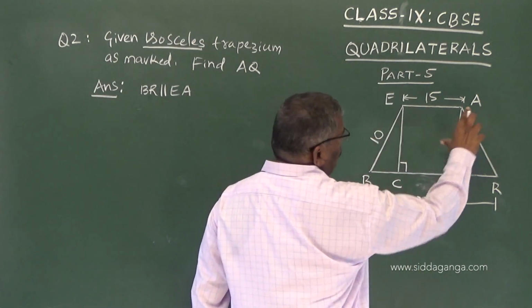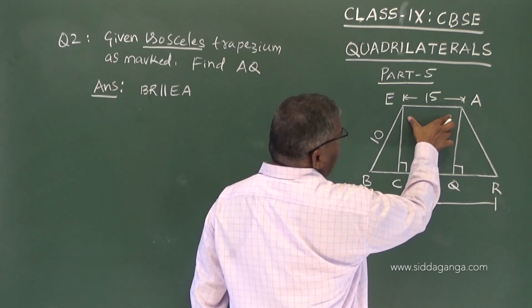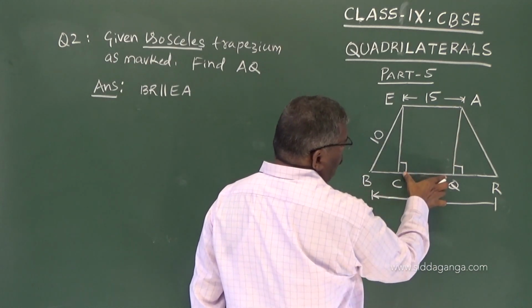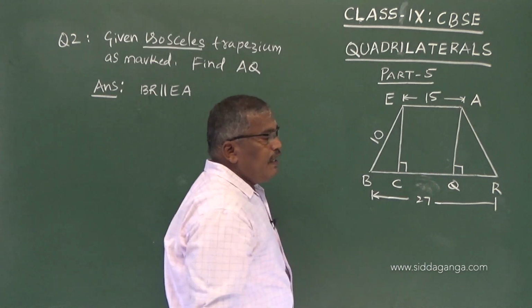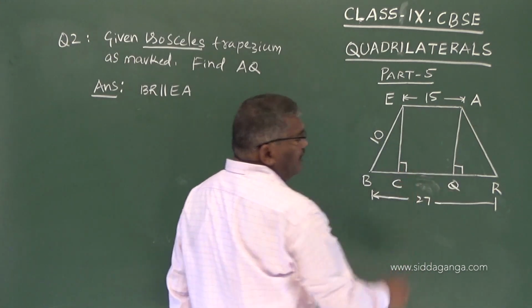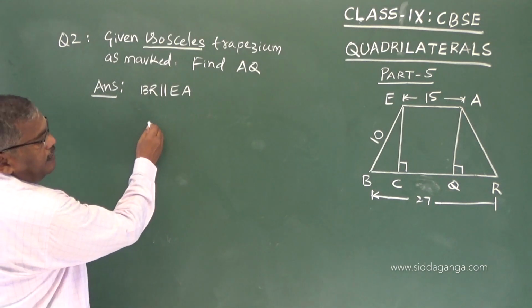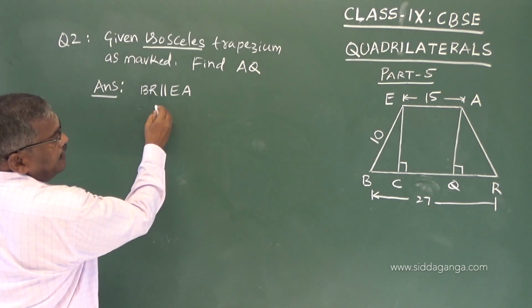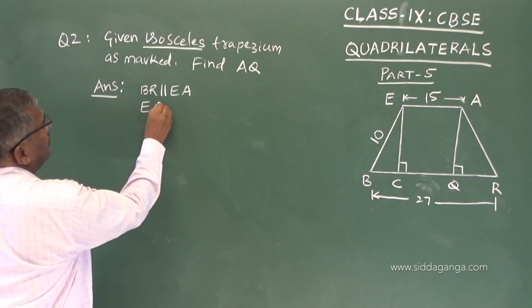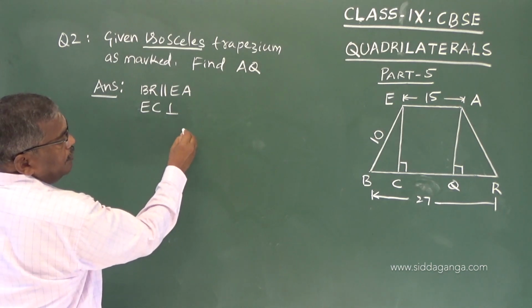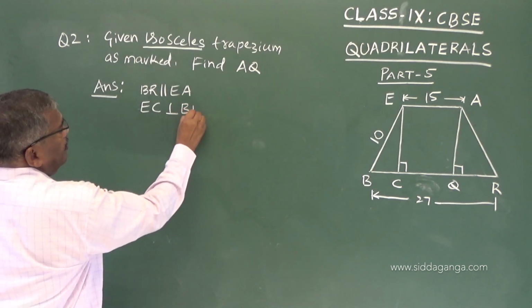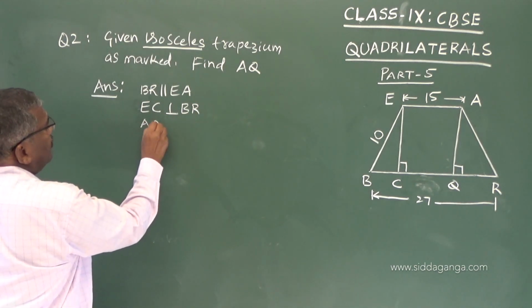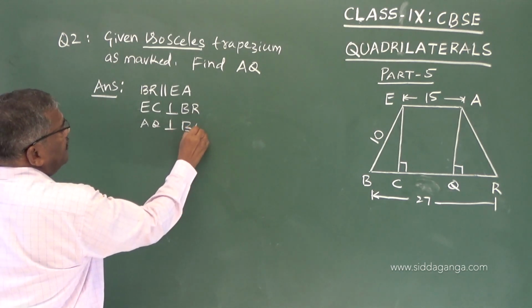Because these two perpendiculars are also parallel, since this is 90 degrees and this is 90 degrees, I will write EC perpendicular to BR and AQ perpendicular to BR.